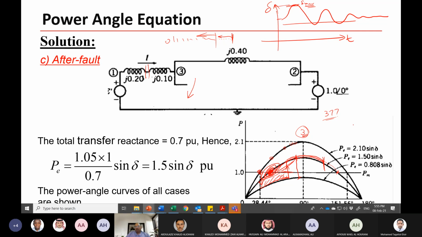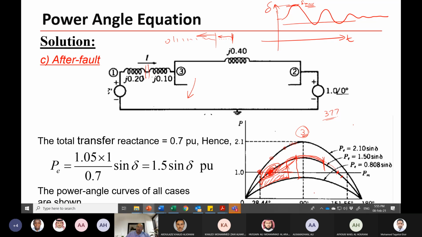But this is the maximum angle that we can reach. The corresponding clearing time is called the critical clearing time. If we wait more time for the fault, then this angle will exceed the limit here and the system will become unstable.